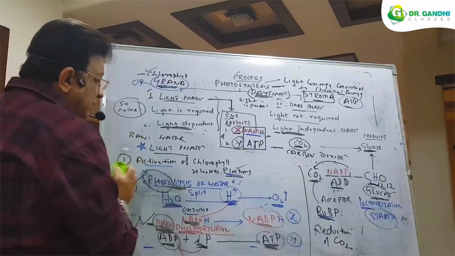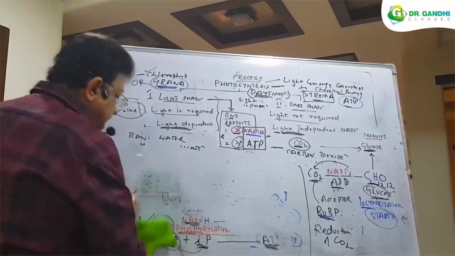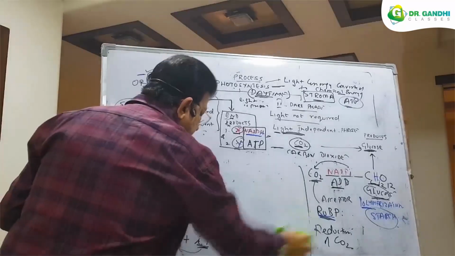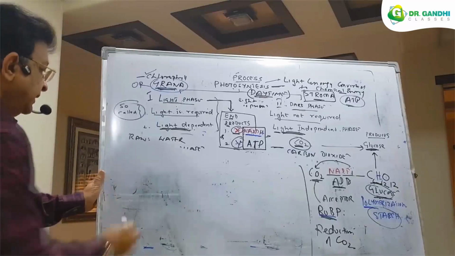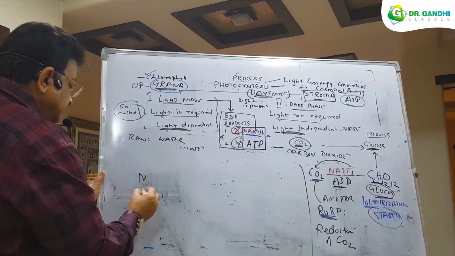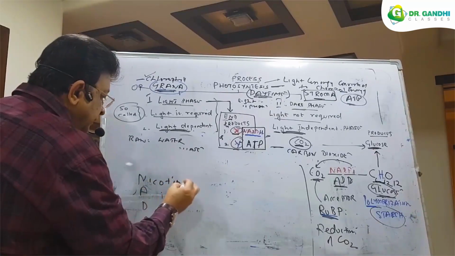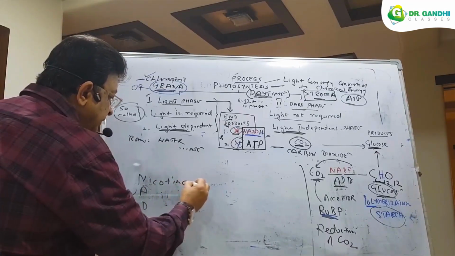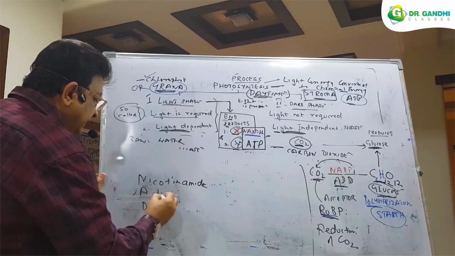I'm now going to write down the full form of NADP and RUBP. NADP: Nicotinamide, adenine, dinucleotide, phosphate. Don't write E, please.